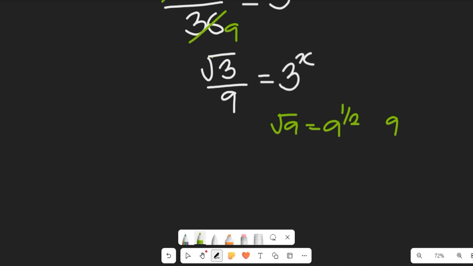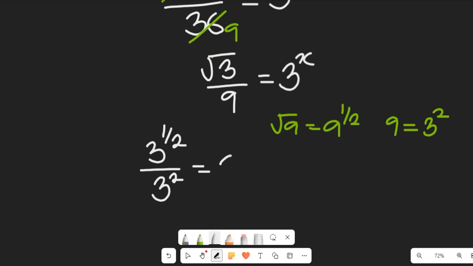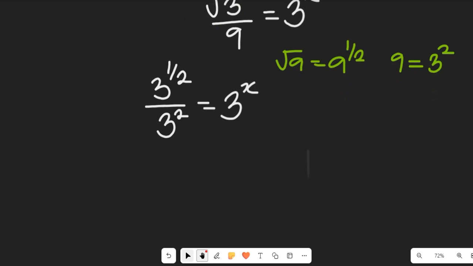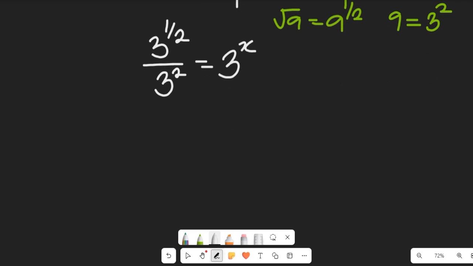And 9 can simply be equal to 3 to the power of 2. So I will have that expression to now give me 3 to the power of 1 divided by 2 divided by 3 to the power of 2, and this will be equal to 3 to the power of x. Taking everything to a common base, I'll have that expression.